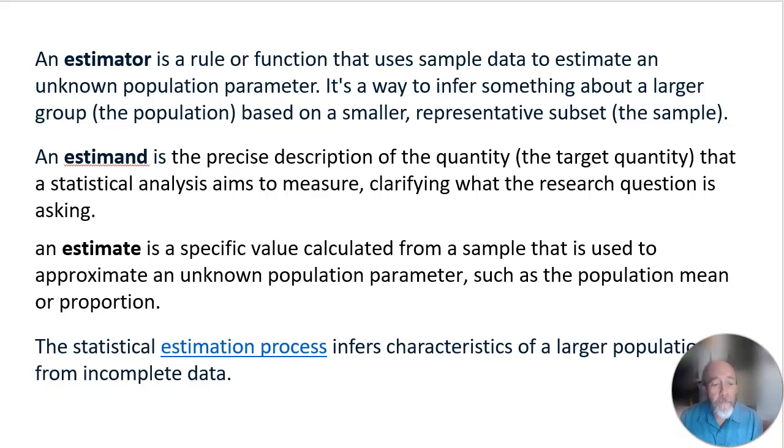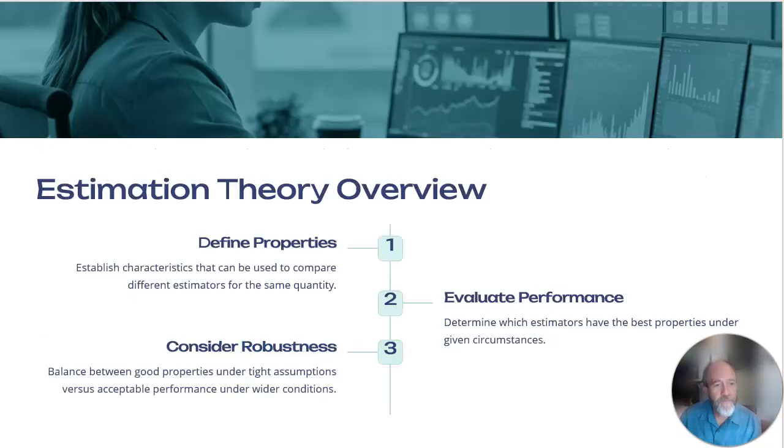The concept of statistical estimation is where we want to determine the characteristics of a population from incomplete data, which essentially is saying we're doing it from samples. So, how do we do this? We define the properties, we evaluate the performance of the estimator, and we consider how robust the estimates are.